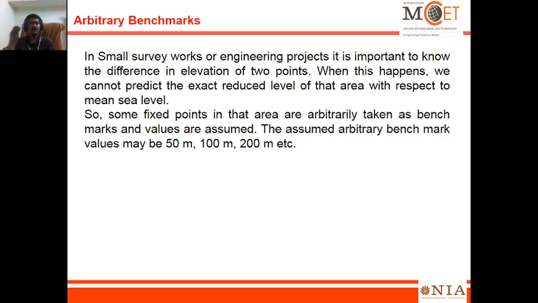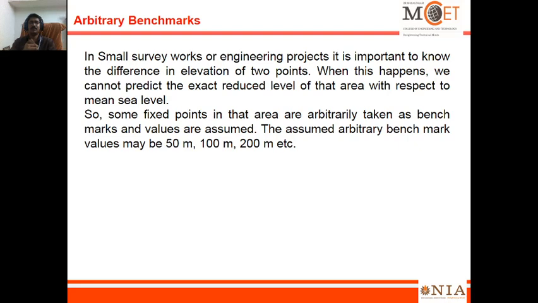We randomly assume that value and consider that point as the standard benchmark for the particular survey work. In our laboratory also we consider such types of benchmarks only. From such a point we try to determine the elevation of other points, right? So this benchmark will be very temporary. Compared to the temporary benchmark, it is time-being, right?